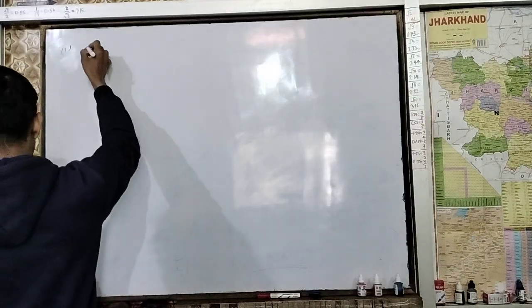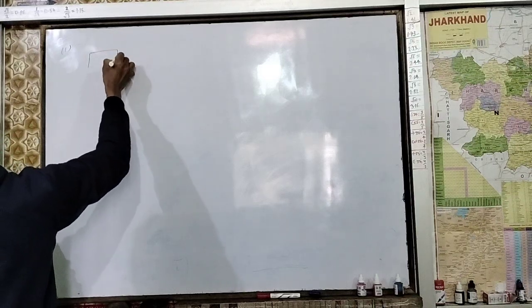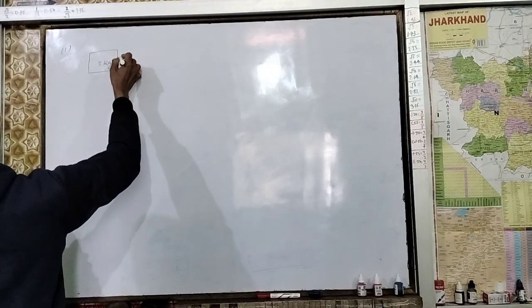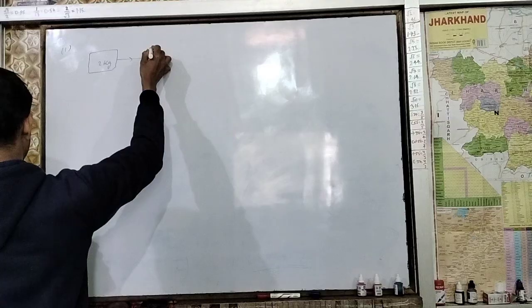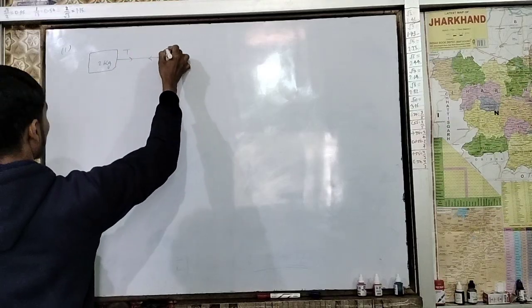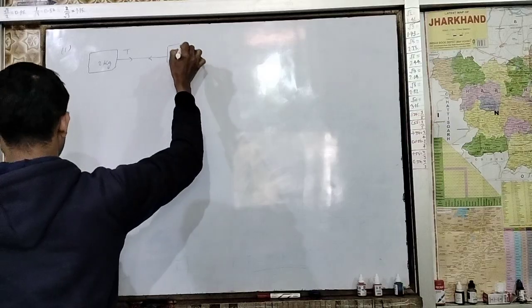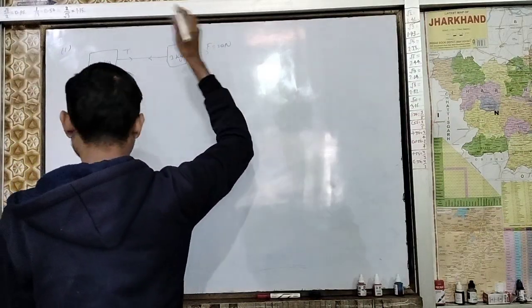First is a 2 kg body, and a 3 kg body. F is 20 Newton.